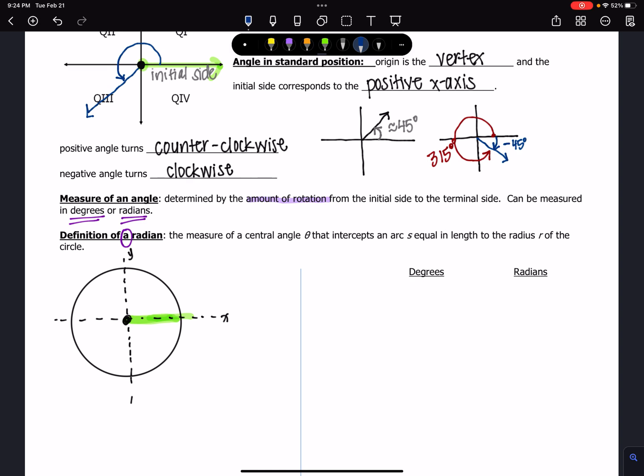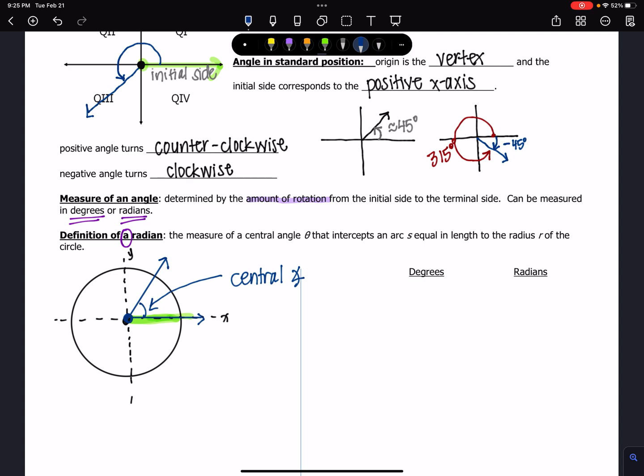Now in geometry, you learned that if this is the initial side, and we've got a terminal side, we've got an angle, this in a circle would be called the central angle. So that's right there, the central angle. And I'm going to make the little angle symbol right there.